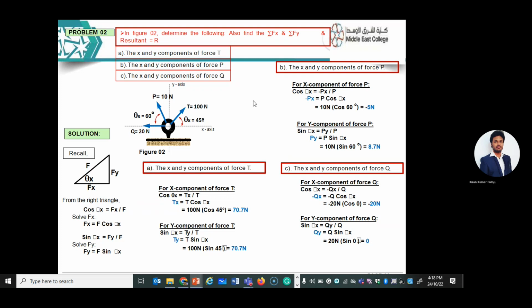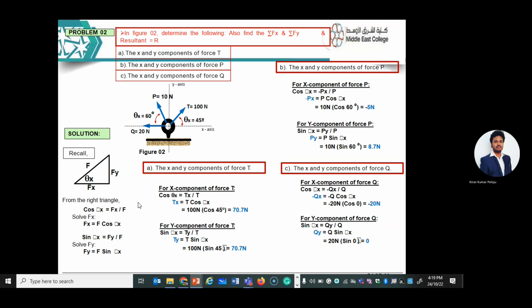Now, what I have told you, if it is horizontal, you have to remember cos theta. If it is vertical, you have to remember sin theta. What is asked in the question? To determine the summation of Fx, the sum of horizontal forces, and Fy, the sum of vertical forces. So how many horizontal forces are there here? And how many vertical forces are there? We don't have exactly vertical, but both are upward, right and left.